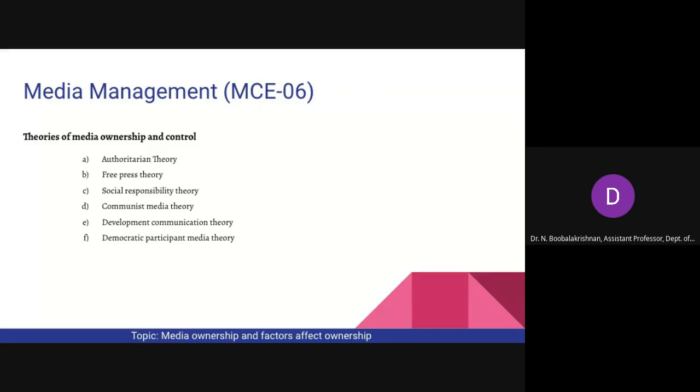So in later classes, we will be reading about the different types and patterns of media ownership, and the concept of ownership across different media markets, for example newspapers, television channels, and now the recent OTT, and how the different media have been controlled by the state and the government.